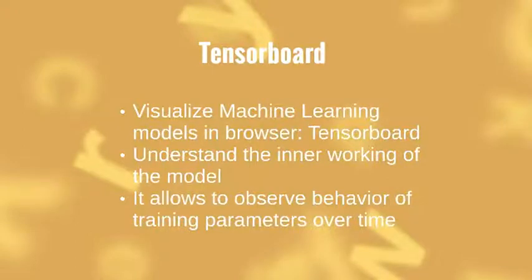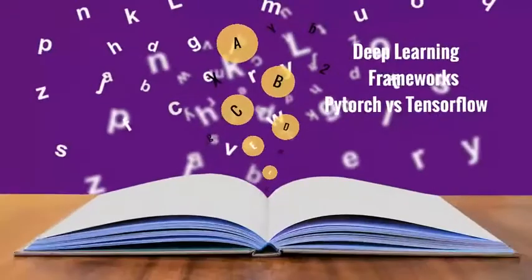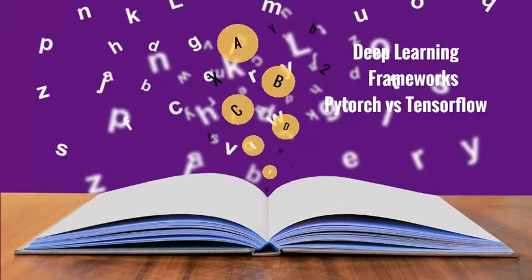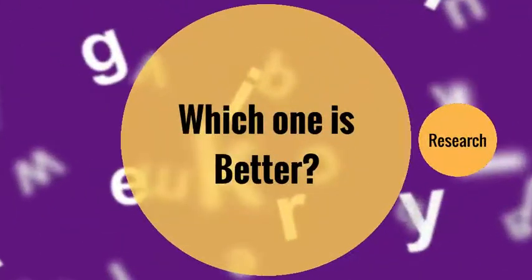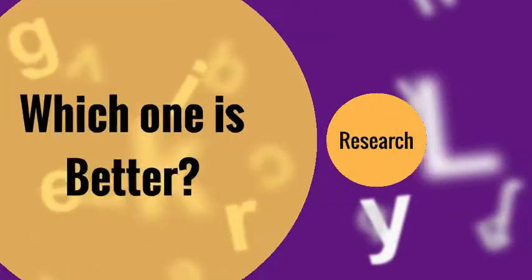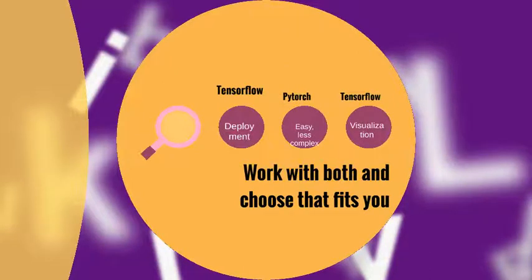Okay, so now we are coming to the concluding part, and I'll tell you which one is better. This is a very difficult question, and it is not yet decided. What people say is that if you want to go for deployment, production ready, that means you have trained your model, now you want to show it to others, from training to production, that is deployment, then you use TensorFlow.